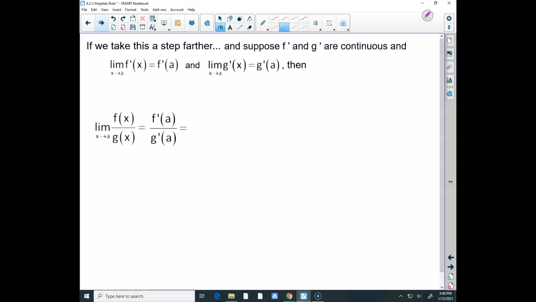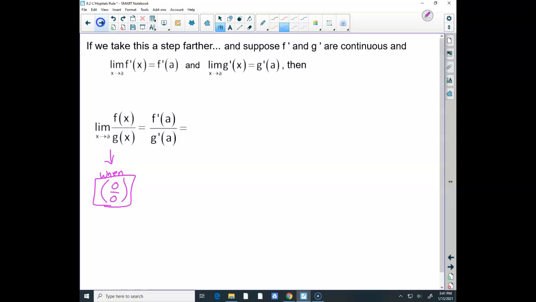And the limit of g prime of x equals g prime of a. Then the limit of f of x over g of x, okay, when you get indeterminate form of 0 over 0, very important right here. So when I evaluate this limit, if I get 0 over 0, that equals f prime of a over g prime of a.